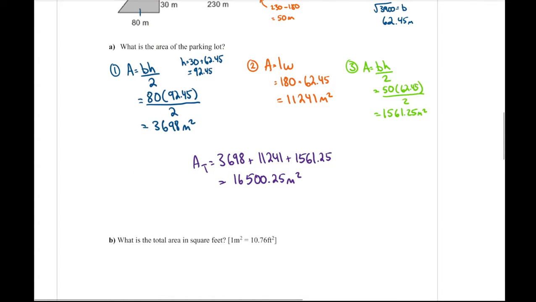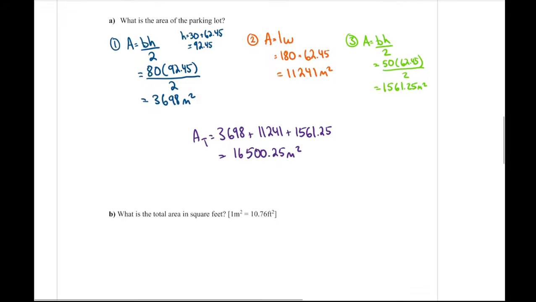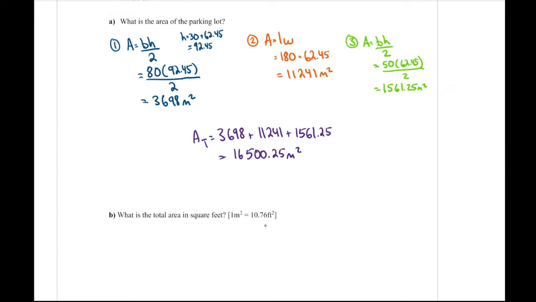For B, B is asking, what is the total area in square feet? So I need to convert this to square feet. And again, that might be something that you have to do, and we'll see in a later question that maybe the sealant that we're dealing with only tells us how much it covers in terms of square feet. So here, we need to convert our meters squared to square feet. We do have our unit rate, so I can use that unit analysis formula that we had in our previous lesson.